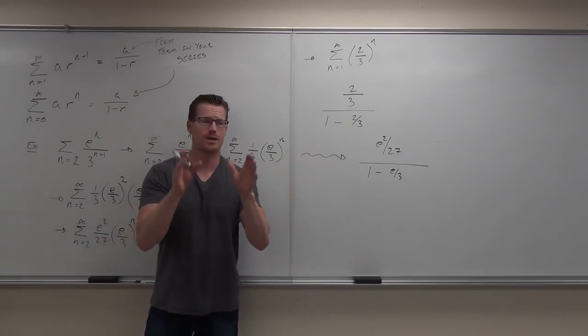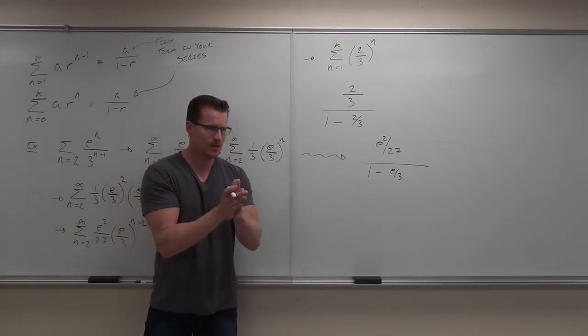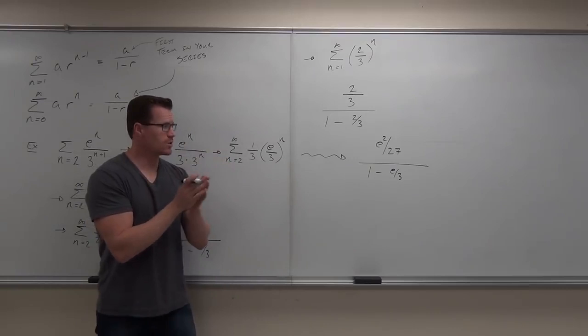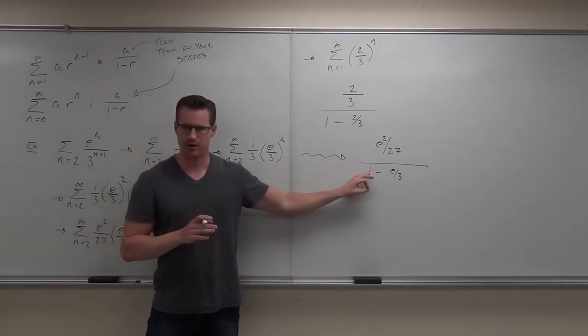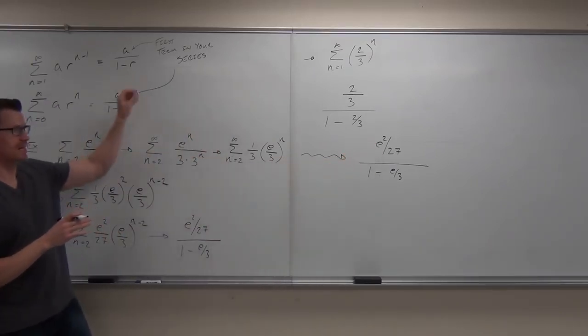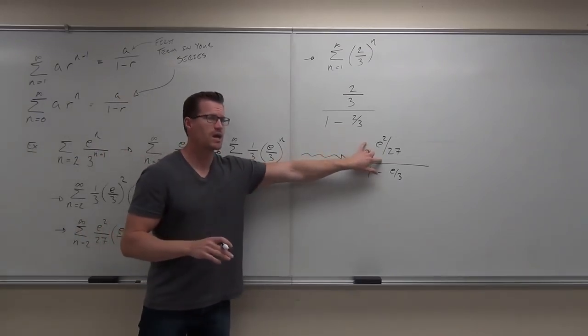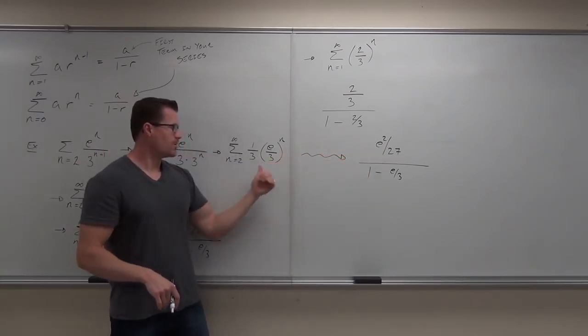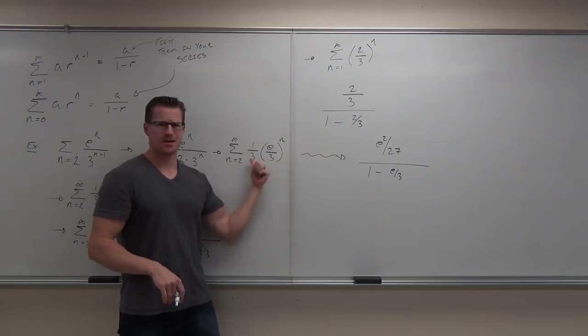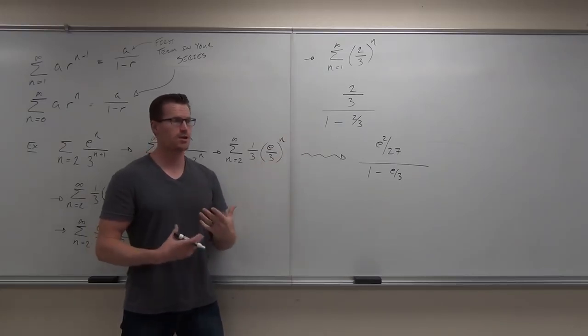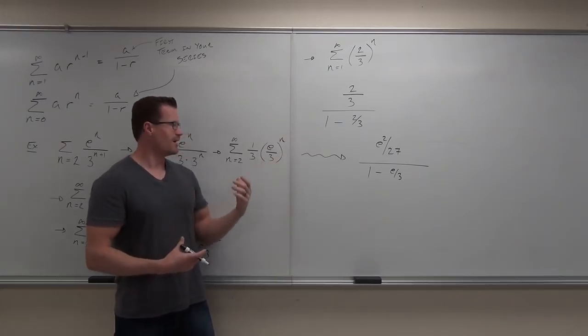The only problem, and I'm praying that you see this, is that students have an issue when they don't understand what's going on. They don't understand this is the first term, that's what A really stands for, the first term of your series, and what they end up doing is they go, oh, my A is 1/3. Mr. Leonard says, I don't care if those match up. No, Mr. Leonard says, care. You have to.